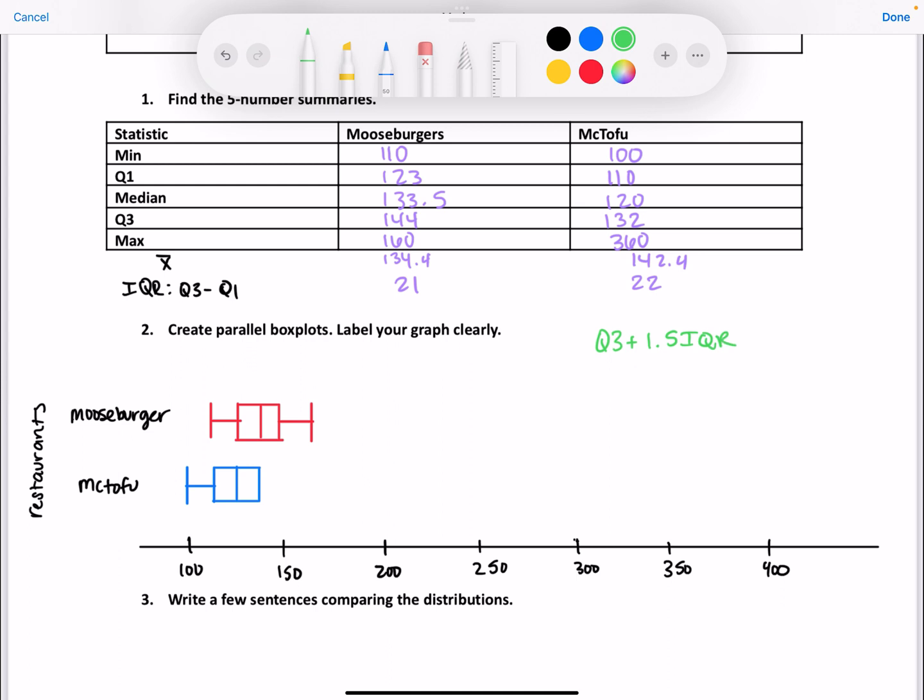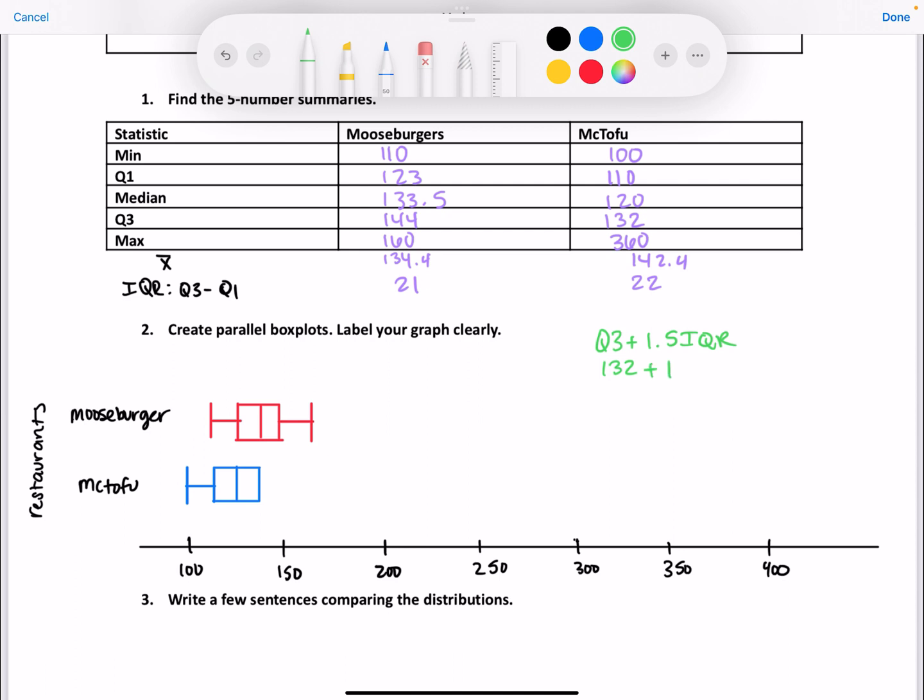So I'm pretty sure that McTofu is going to have one that's an outlier on the upper side. The other one, it doesn't really make sense that it would have one on the lower side, so I'm not going to check it. And the other one looks pretty okay. Since it didn't specifically ask for it, I'm not going to check it.